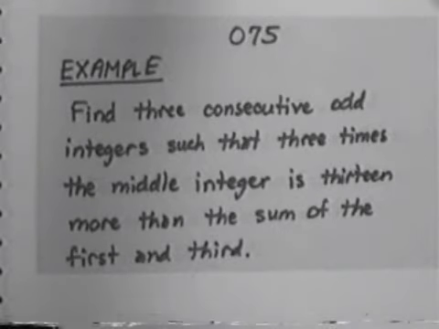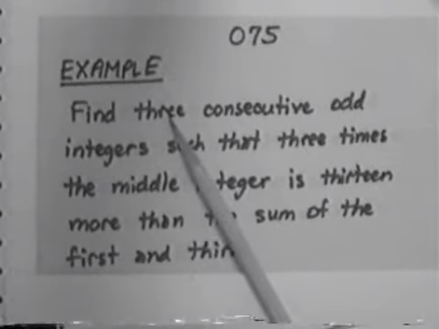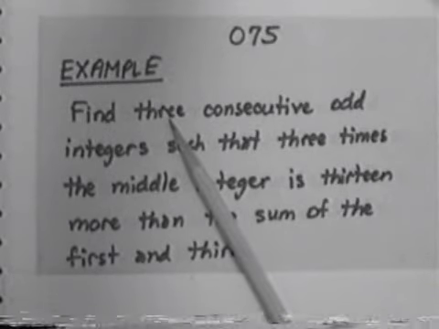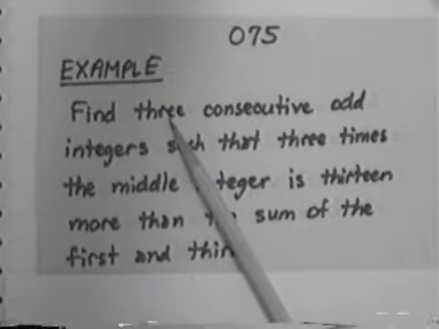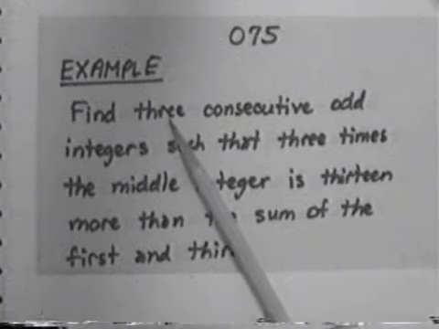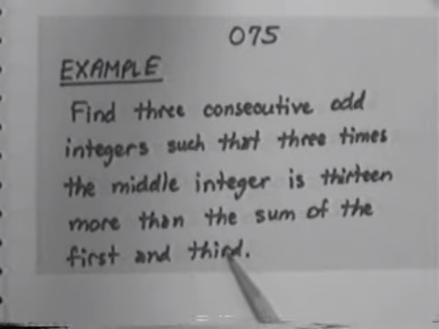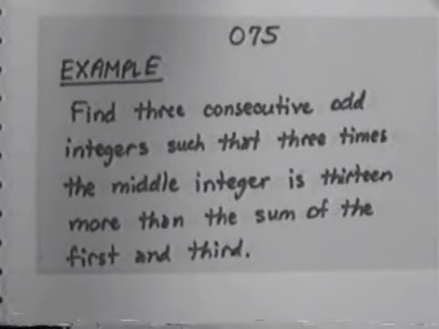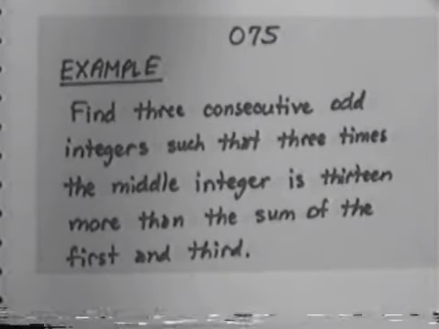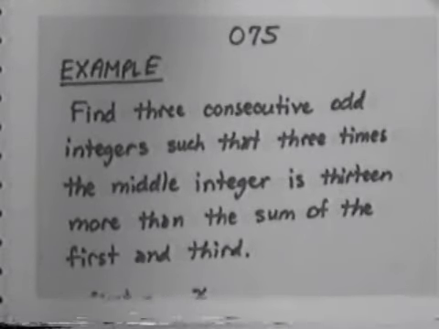Now this time, notice that we are to find 3 integers. That means we're going to get 3 answers. We know that they are called the middle, the first, and the third. So let's call them the first, the second, and the third. For the first integer, we'll use our usual x.